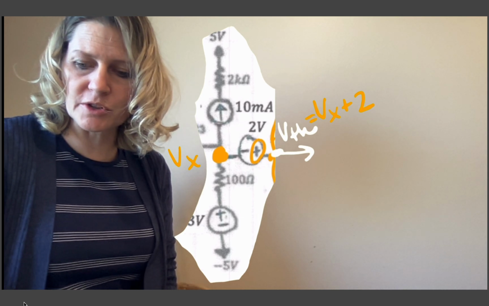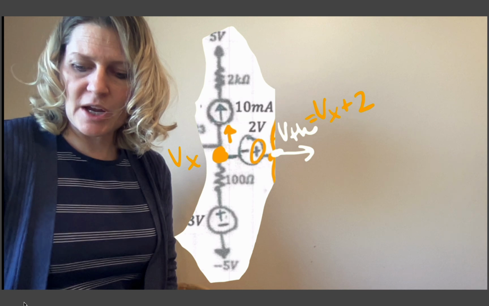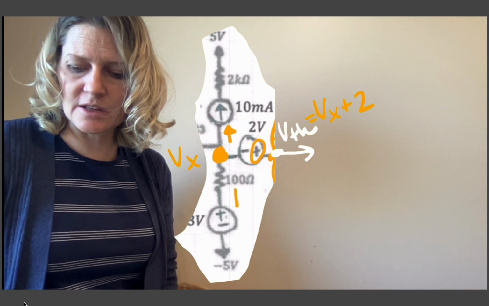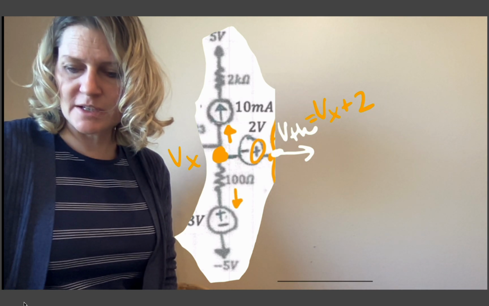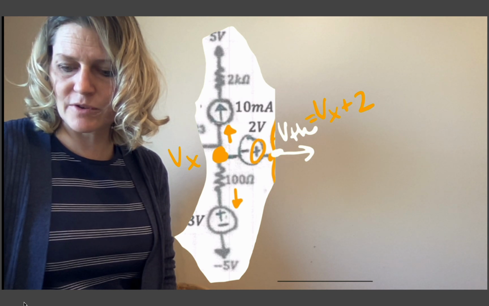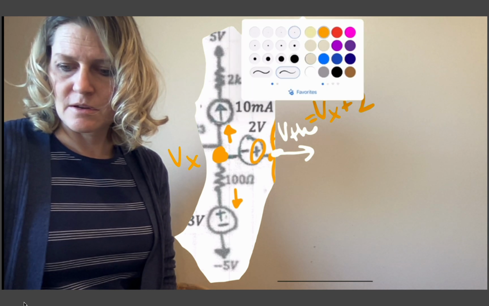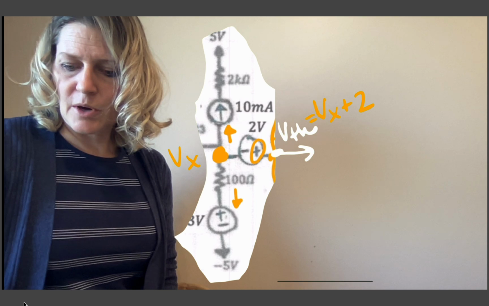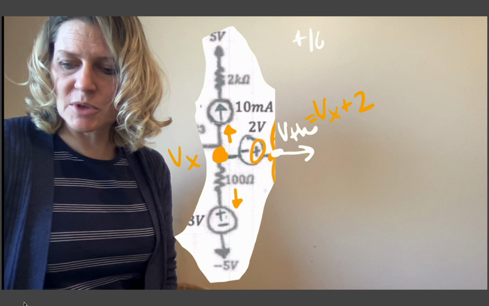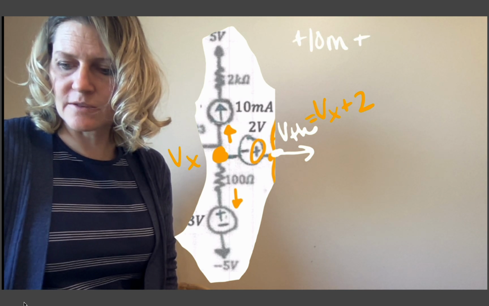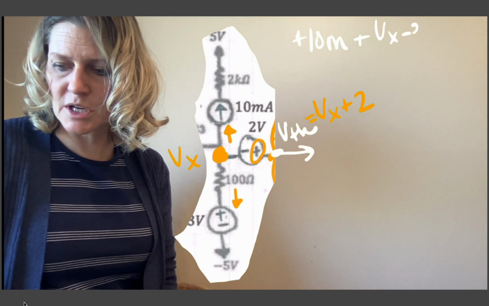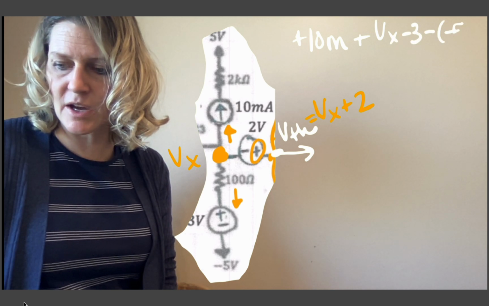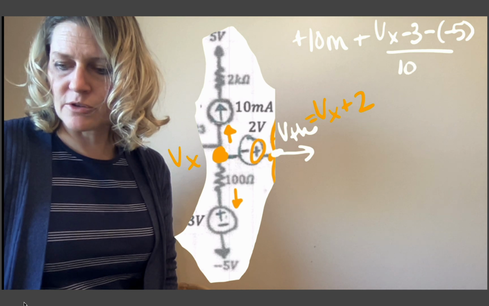If I do node voltage, in this branch I'll have 10 milliamps, and in this branch I'll have Vx minus 3 minus a minus 5, over 100. So I have plus 10 milli, and then Vx minus 3 minus a minus 5 over 100 equals 0.